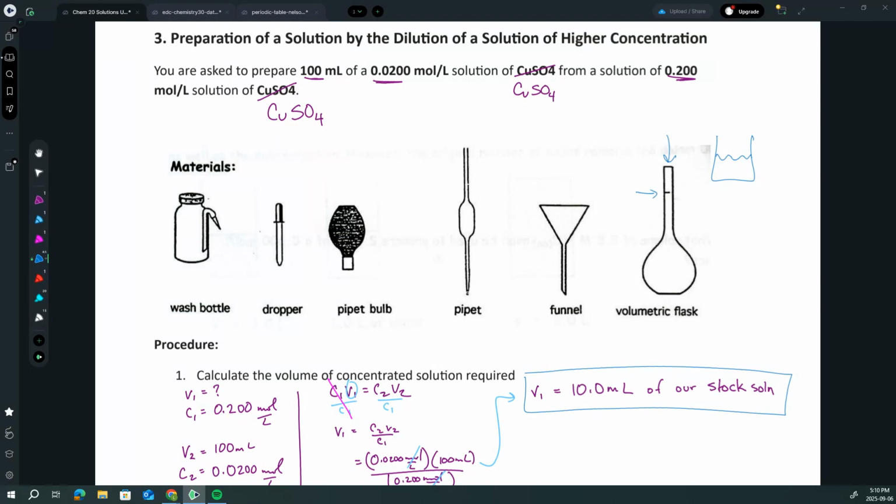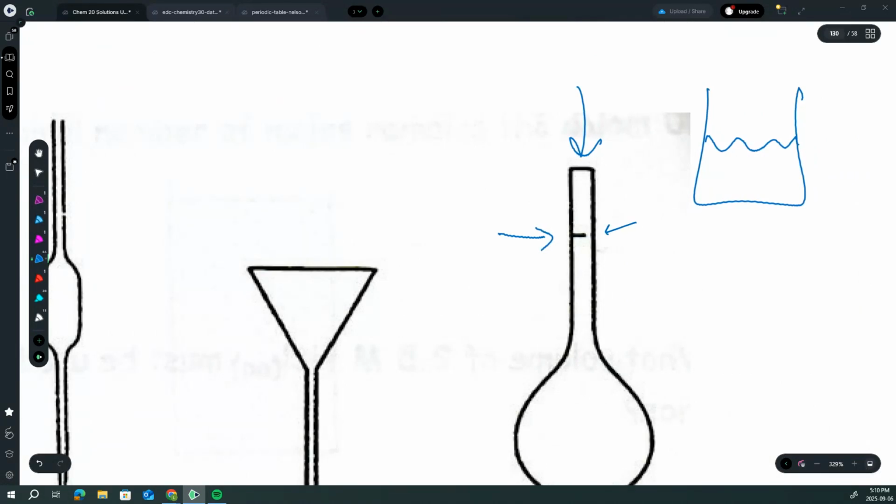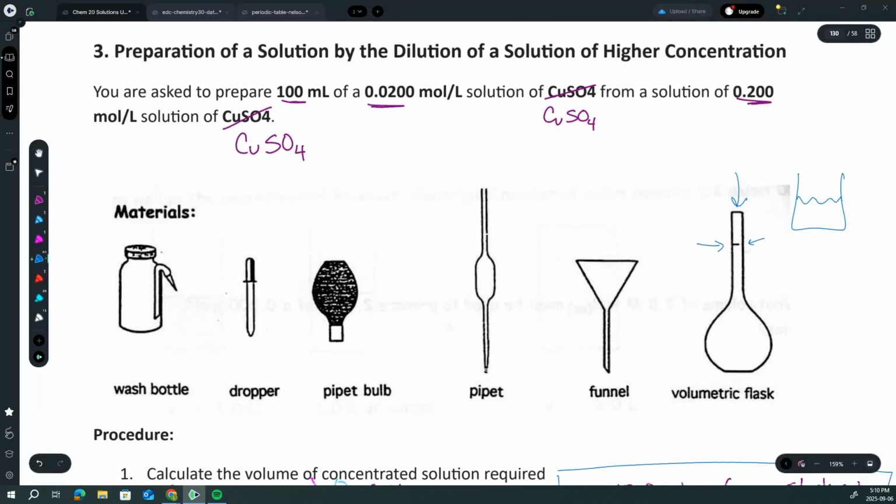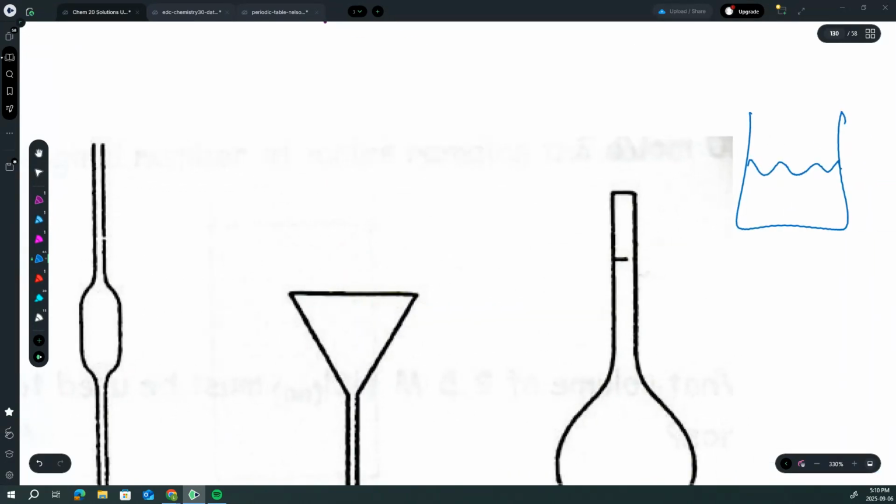You'd have to use a funnel to get your water in. Okay, and then once you get close to the line here, you just go drop by drop with the dropper there until you get the bottom of the meniscus to the line that's there.